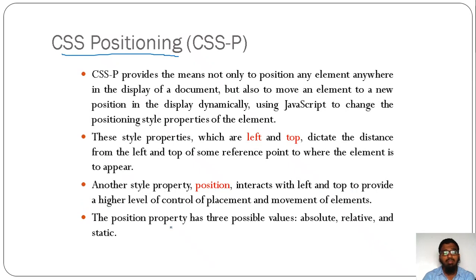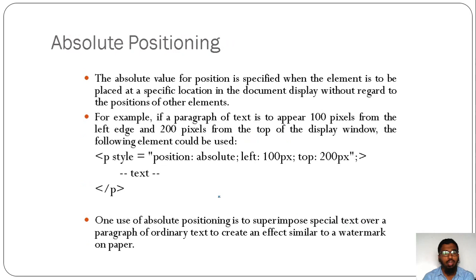The position property has three possible values. The first one is absolute, the second one is relative, and the third one is static. So we will see absolute, relative, and static, then we will stop the class and our unit 1 will also finish. So, what is absolute?